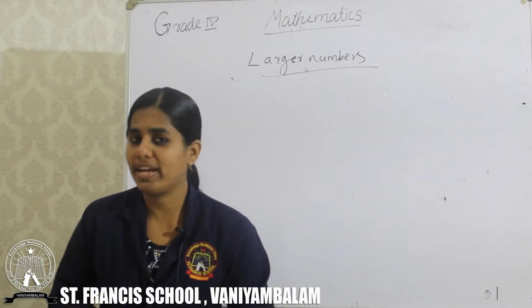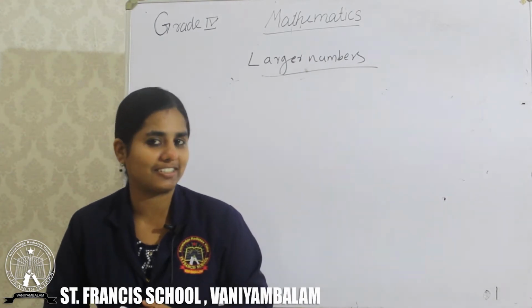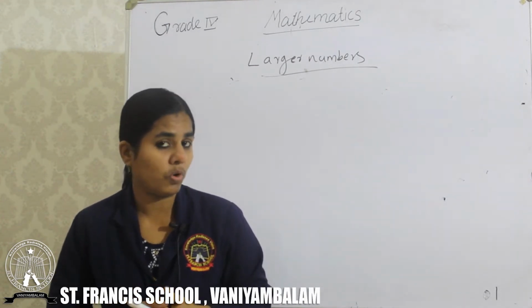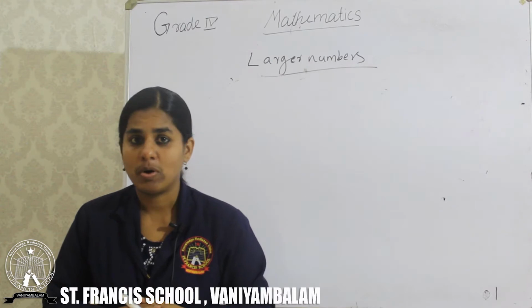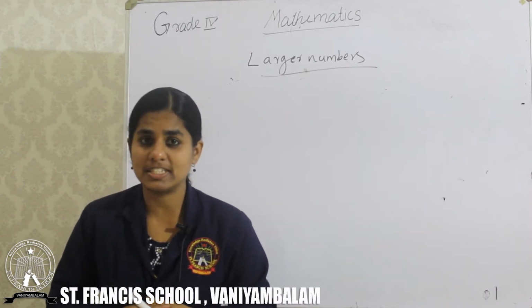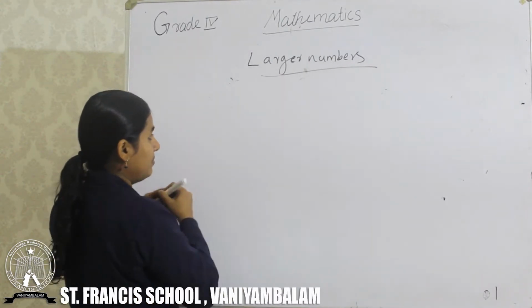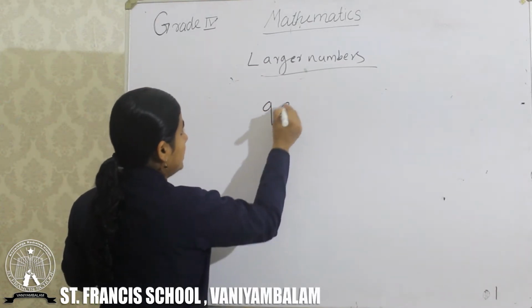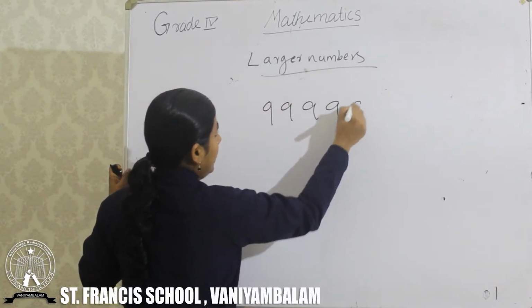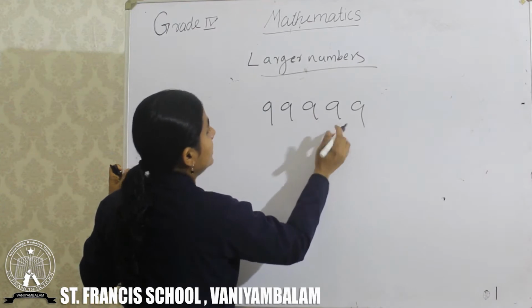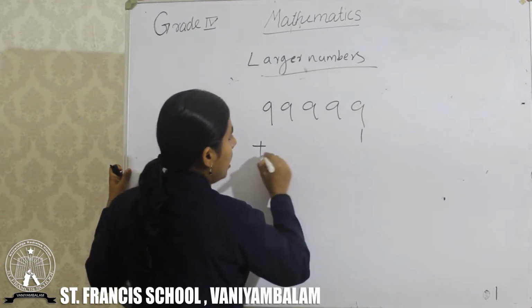Children, now we get the smallest 6-digit number. What is our smallest 6-digit number? That means greatest 5-digit number plus 1.